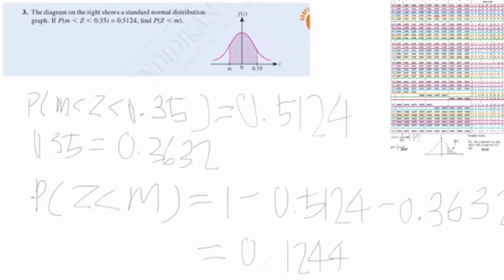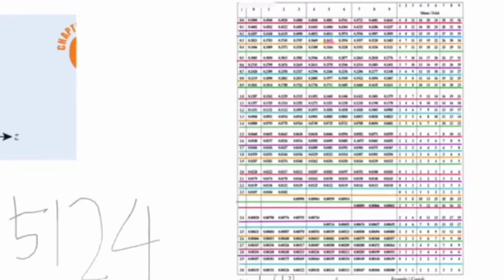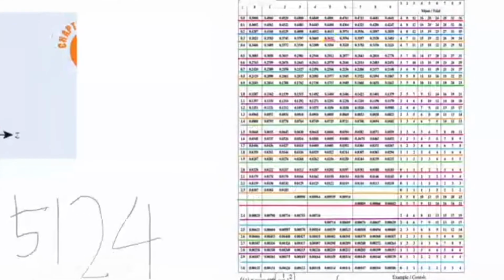We get to know P(z smaller than 0.35) equals 0.14. According to the table, 0.35 equals 0.3632.